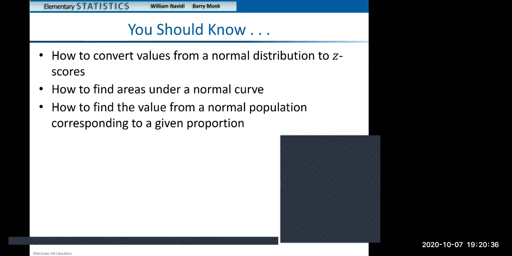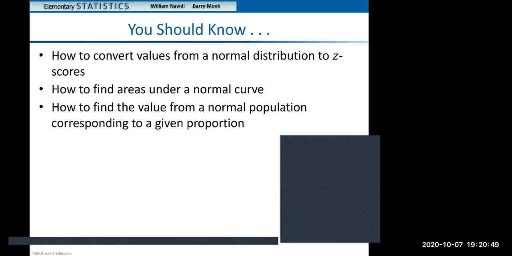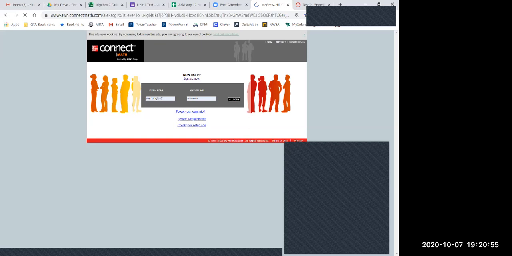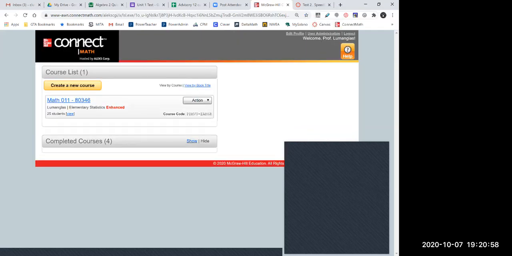And I'd like to solve some problems from the book. So if you check your Connect Math, I assigned chapter 7, and you will see 35 problems.